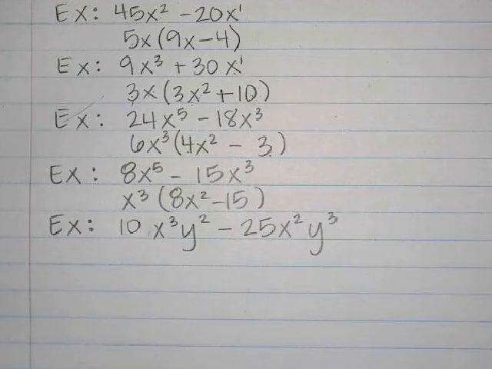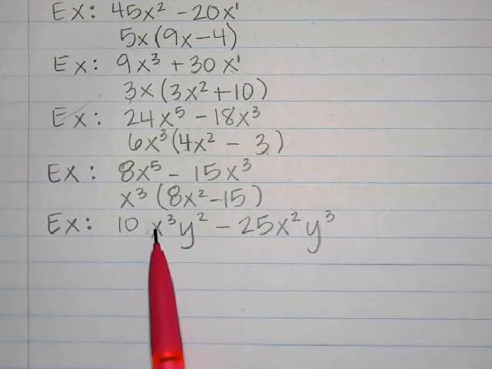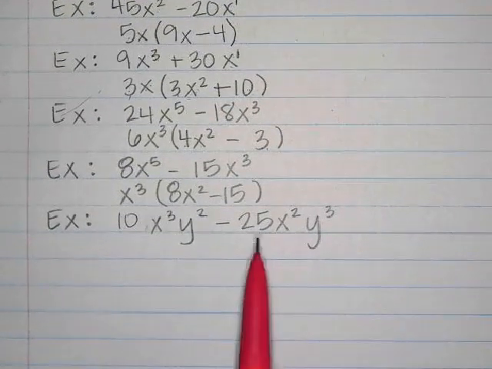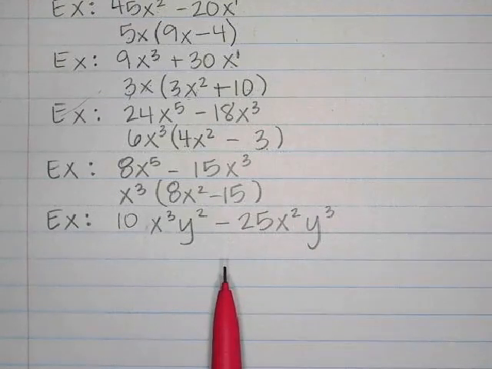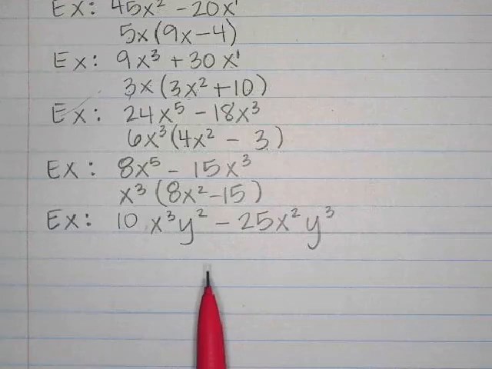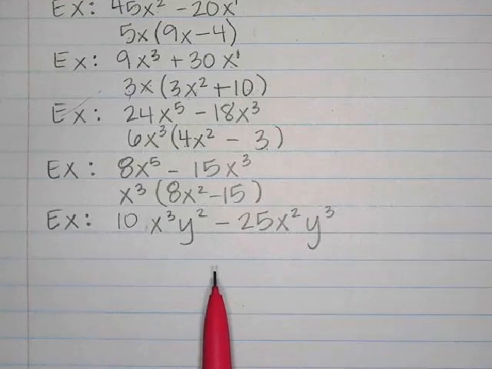It seems like there might be, but this one has an x to the third and that one has an x squared, and since they're different, you can't combine them. You can only combine them if they have the same exponent, but they can have different coefficients.